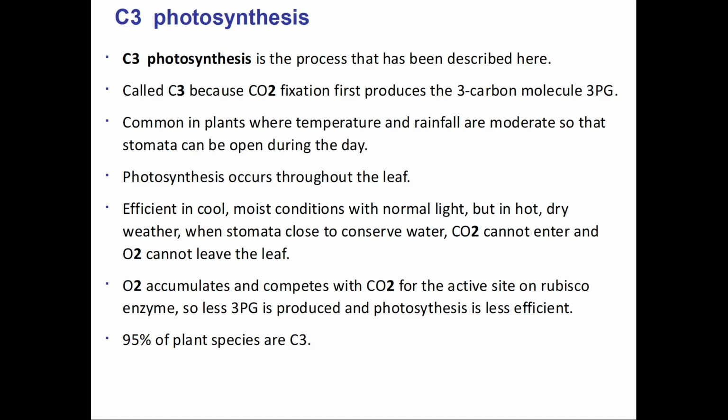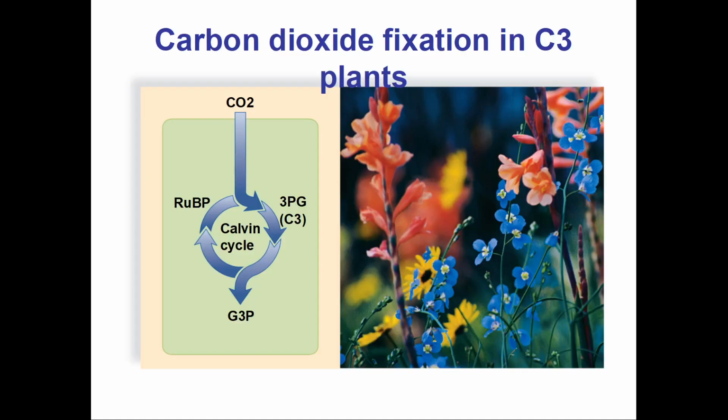So O2 will kind of poison the functionality of rubisco in these plants, reducing the overall efficiency in these C3 plants. So we've got a typical diagram of the Calvin cycle here, where CO2 is entering, being fixed at the 3PG, 3-carbon chain.